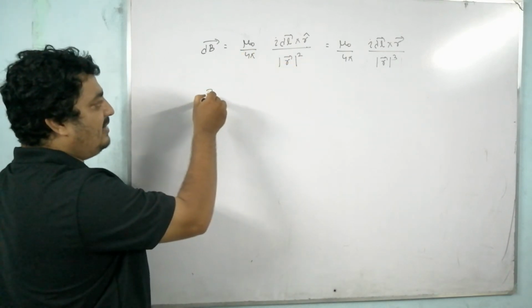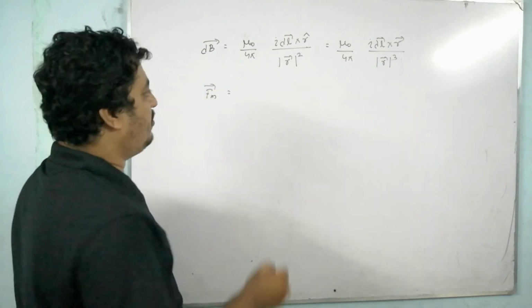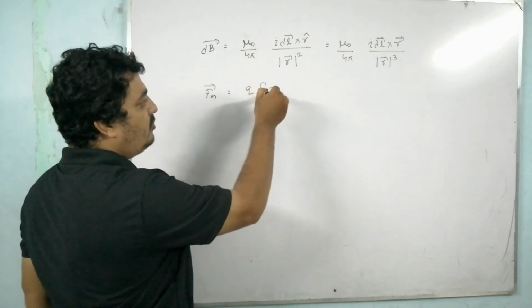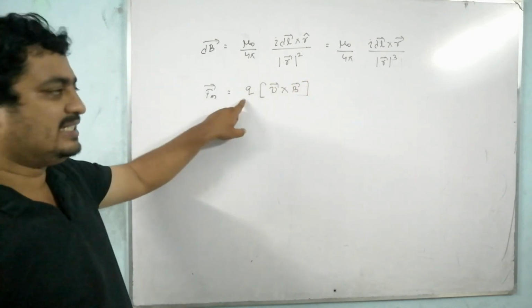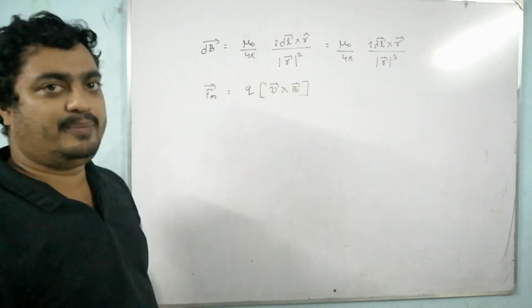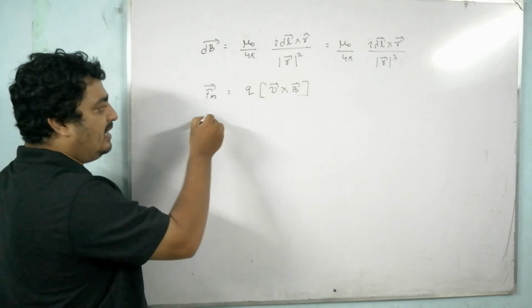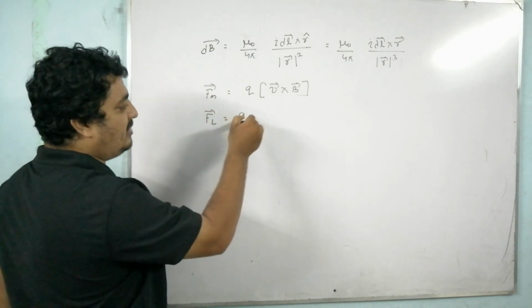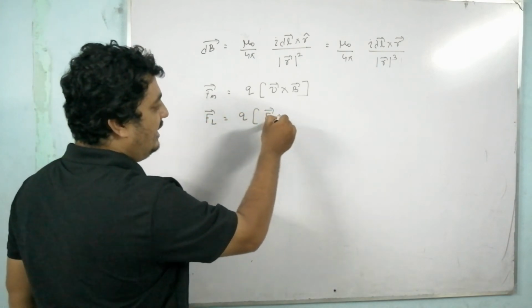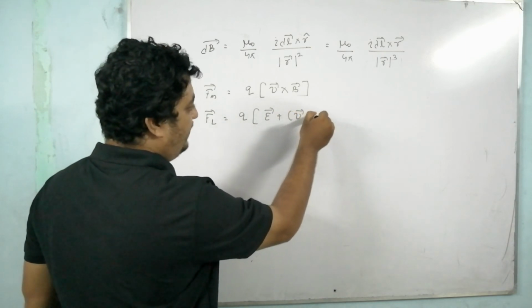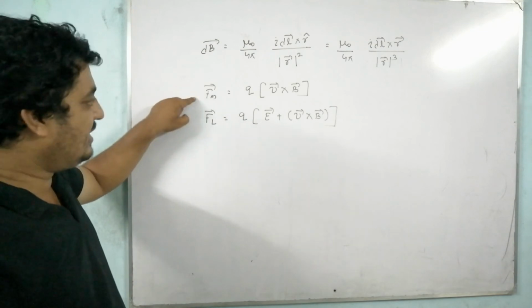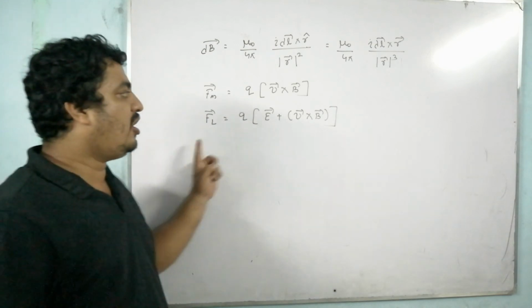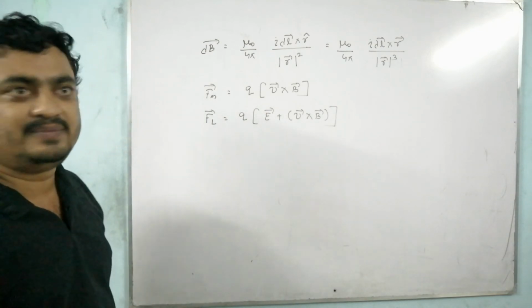Like that, magnetic force Fm equals Q into V cross B, where Q is the charge, V is the velocity and B is the magnetic field. Like that, Lorentz force equals Q into E plus V cross B. You already know the Lorentz force on a charged particle.